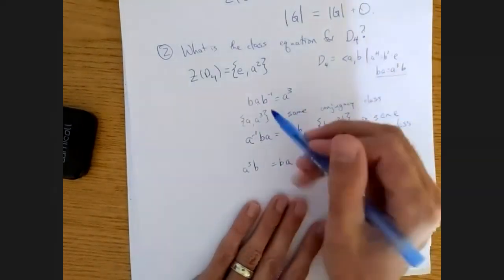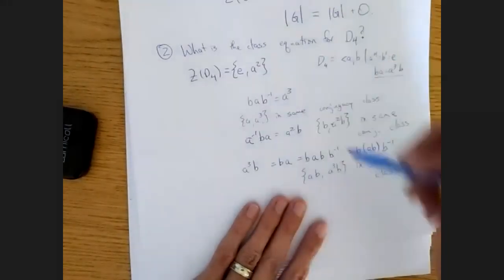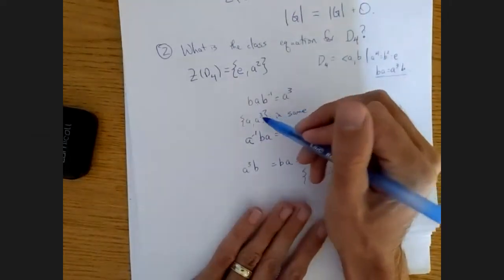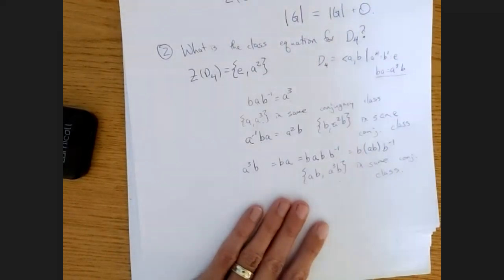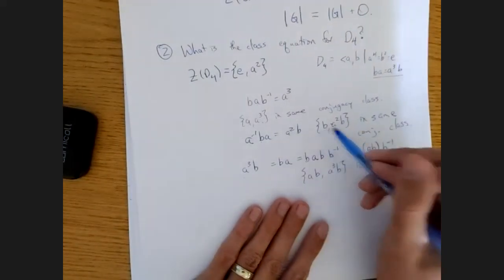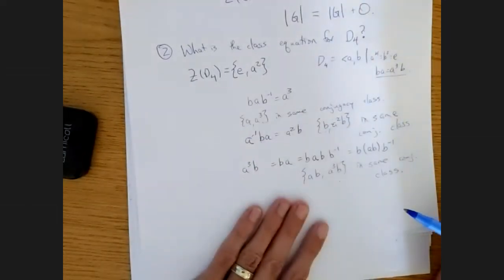In order to complete this question, we have to show that these three conjugacy classes are disjoint. Like we have to show, for example, that A and B are not in the same conjugacy class, right? One way we can do that is to compute the size of the centralizer of elements of these orbits.